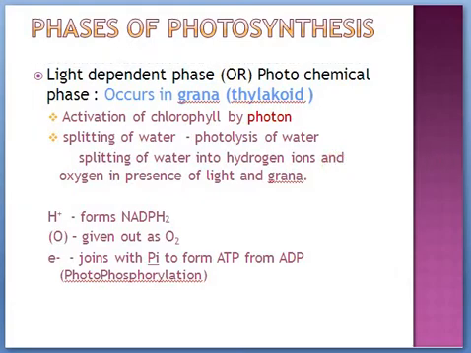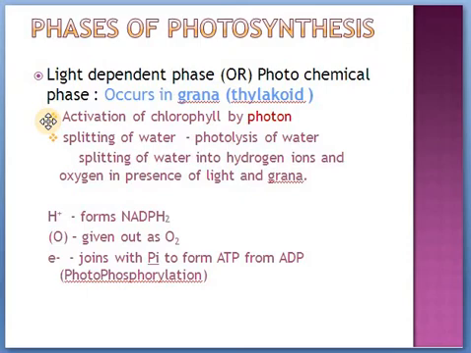What are the processes that occur during this stage? The first process is activation of chlorophyll by photon. Remember the video that we saw last day; those who didn't see that, please go and see the last video.